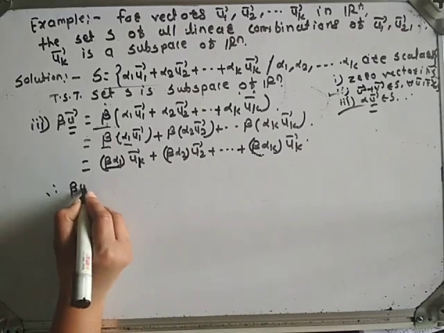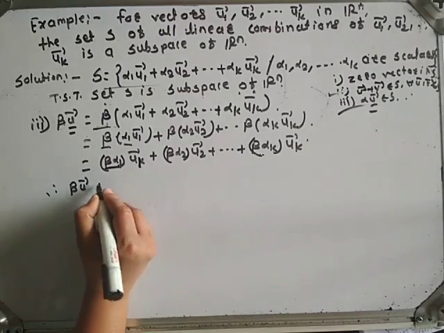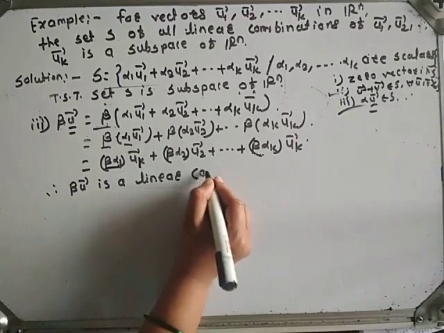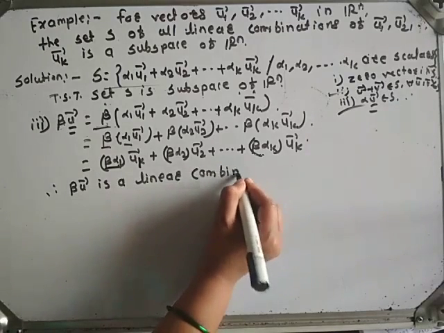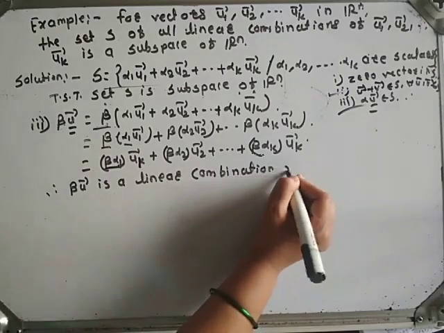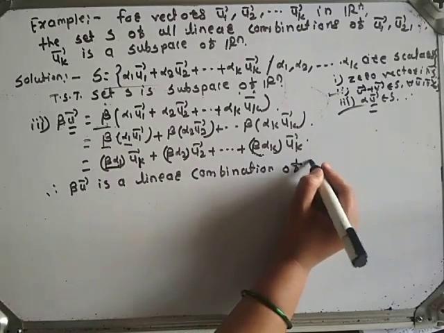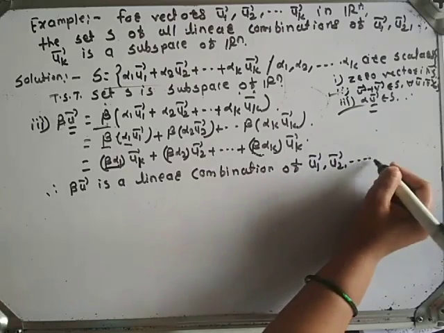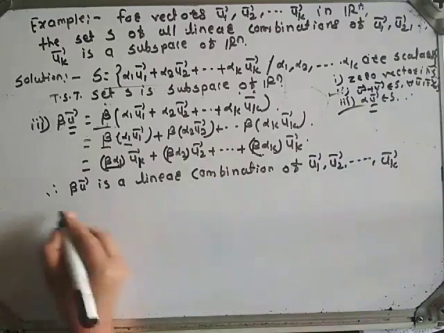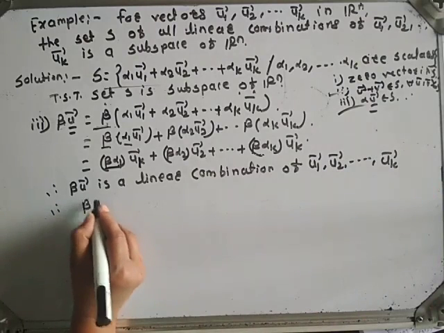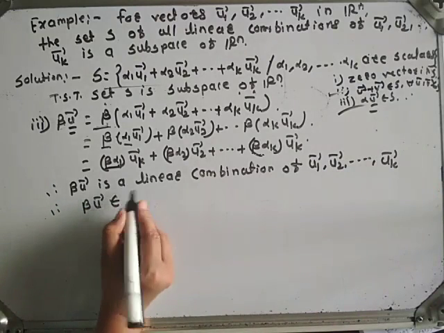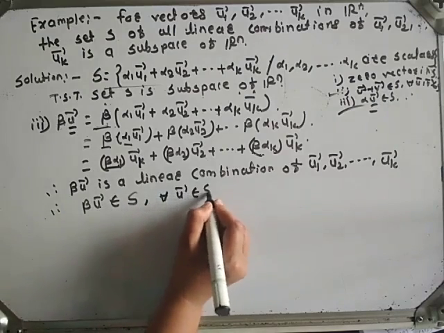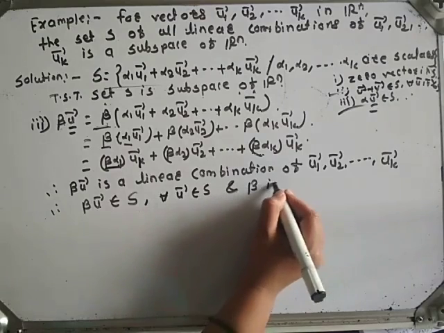Therefore beta into u bar belongs to S for all u bar belongs to S and beta any scalar.